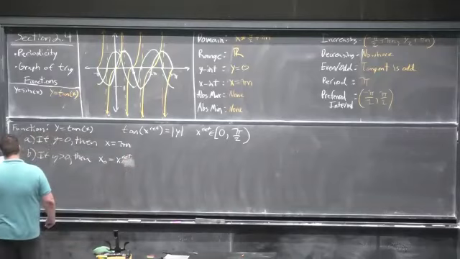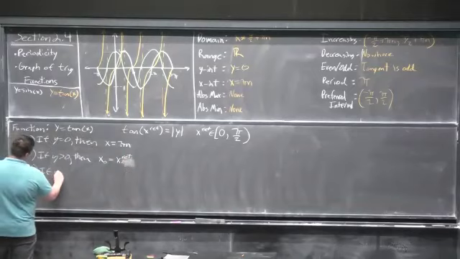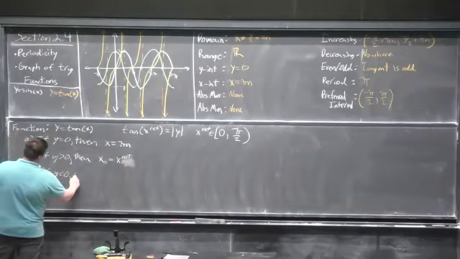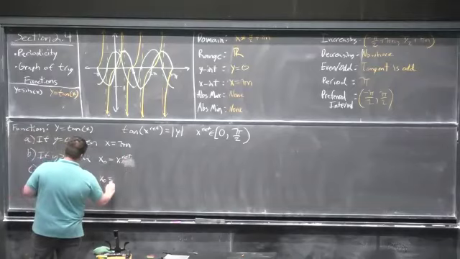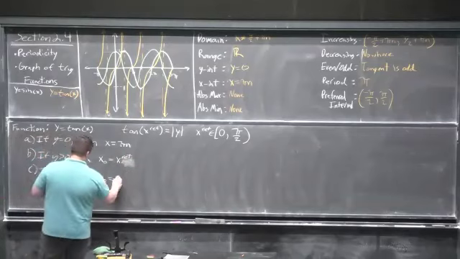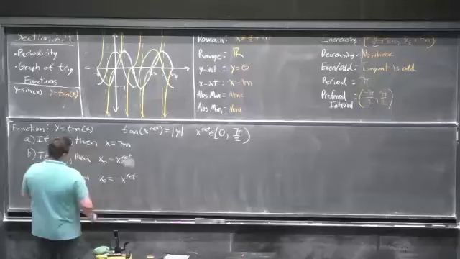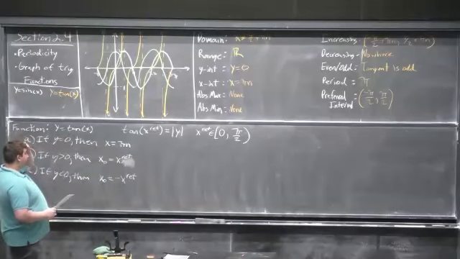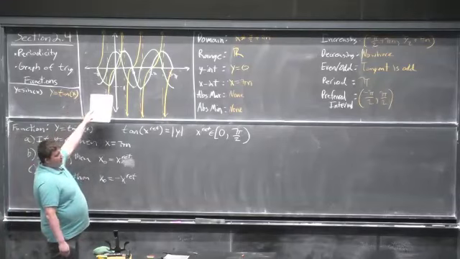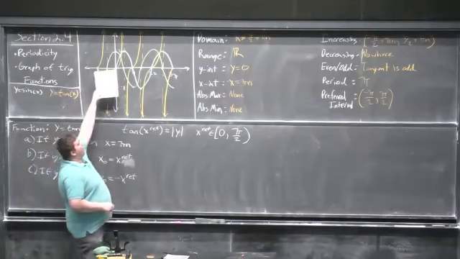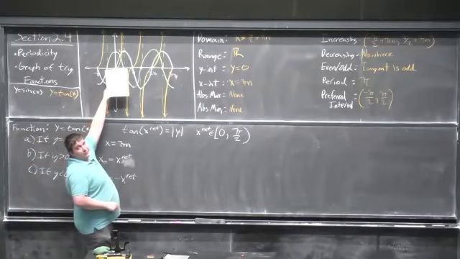And C, if y is less than 0, then x naught equals my negative version of the x reference. In other words, if I'm some positive value of y, I'm going to hit it somewhere between 0 and pi over 2.